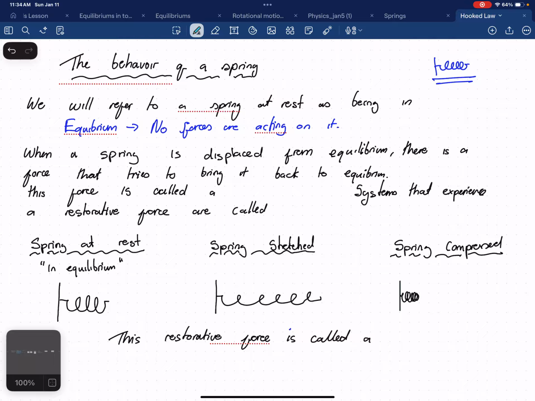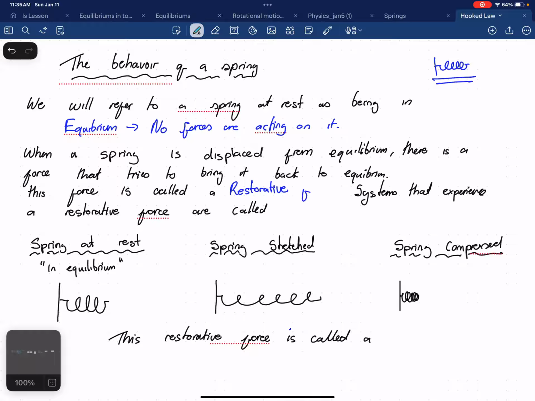So now when a spring is displaced from equilibrium, there is a force that tries to bring it back to equilibrium. This force is called a restorative force. We will see with some pictures clearly what this really looks like.